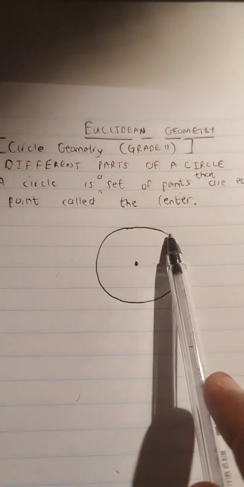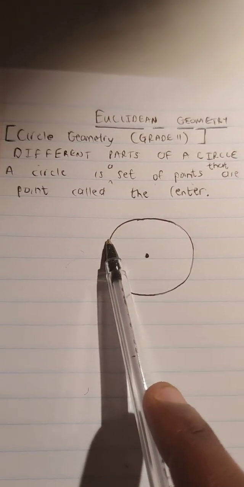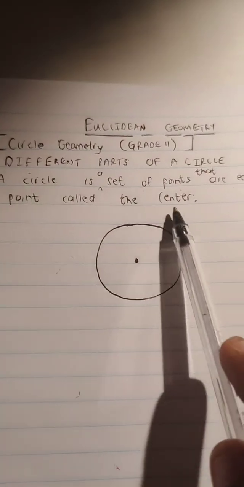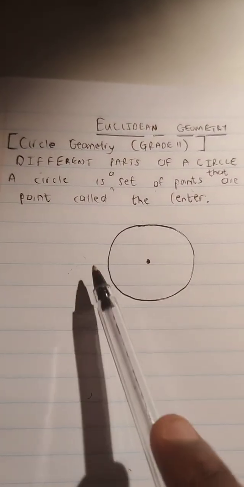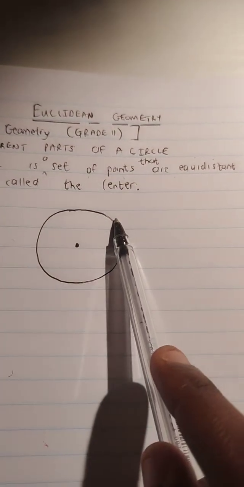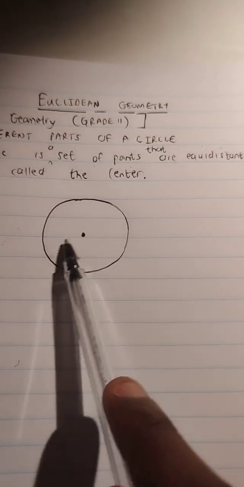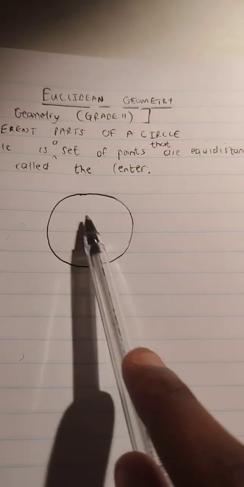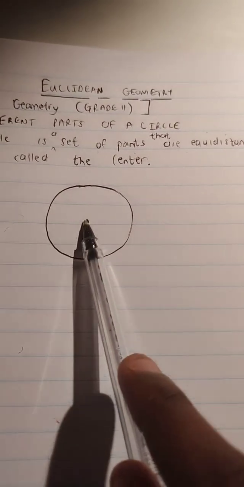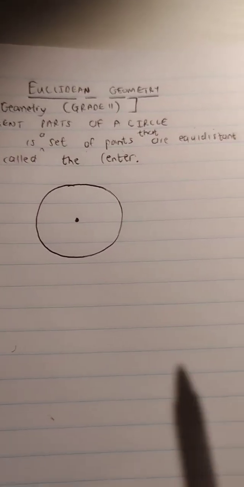A circle in and of itself is a set of points, and these points are all of equal distance from the center, which is the fixed point. That's very important to note.